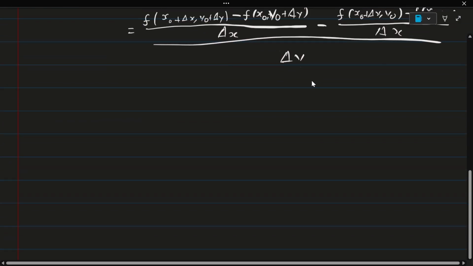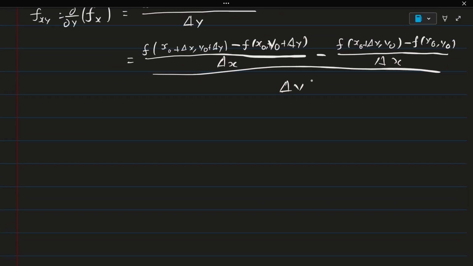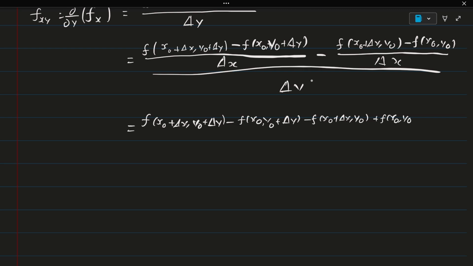Now what I can do with this is that I could actually rearrange everything. So we could get f of x0 plus delta x, y0 plus delta y, minus f of x0, y0 plus delta y, minus f of x0 plus delta x, y0, plus f of x0, y0. Everything is divided by delta x times delta y. So this is a simple idea, right?